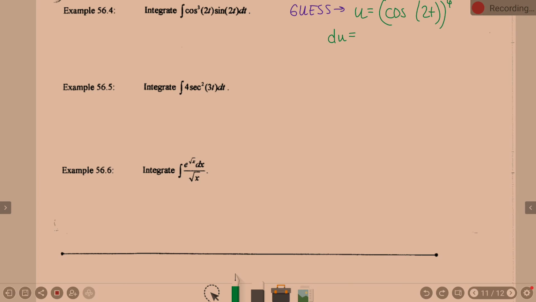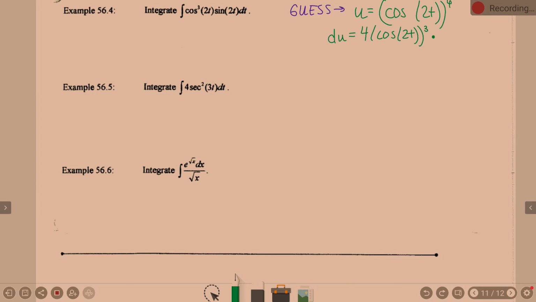Derivative of u is du. Derivative of something to the fourth: 4 times something to the third, times the derivative of the inside. What's the derivative of cosine of something?